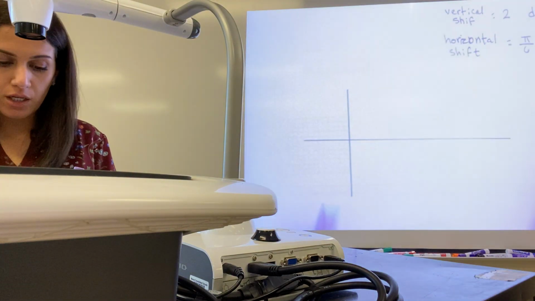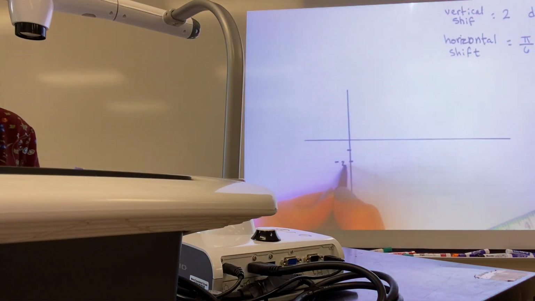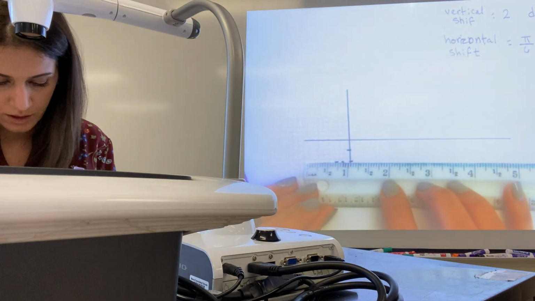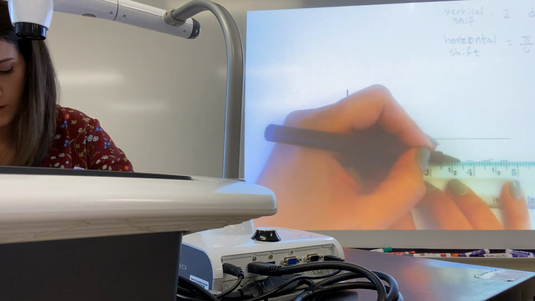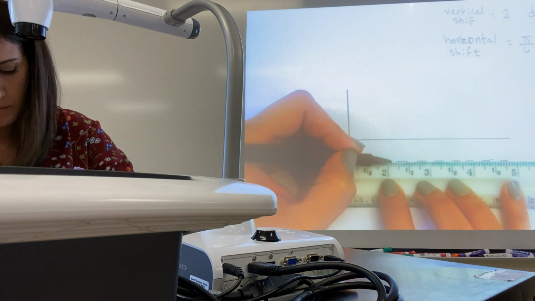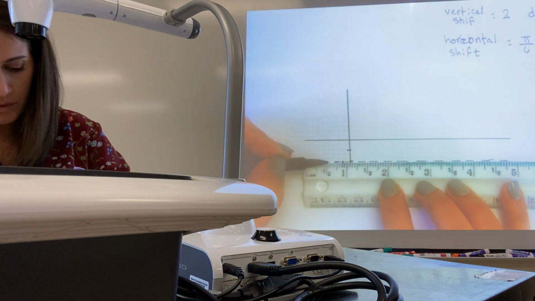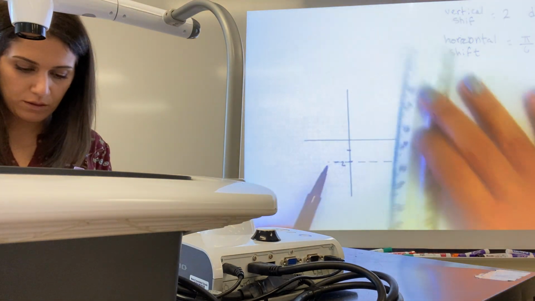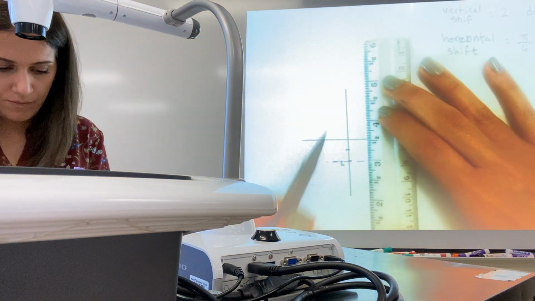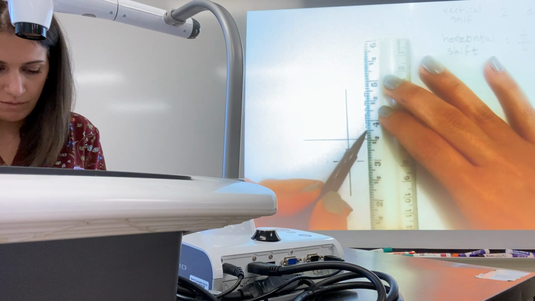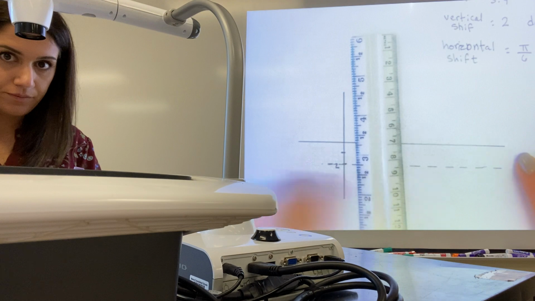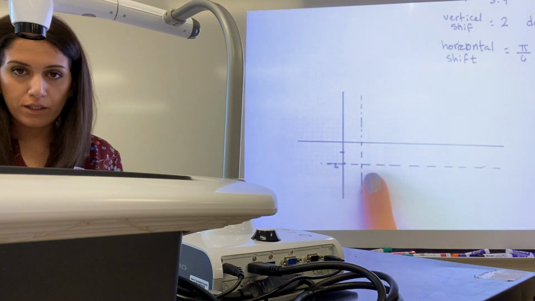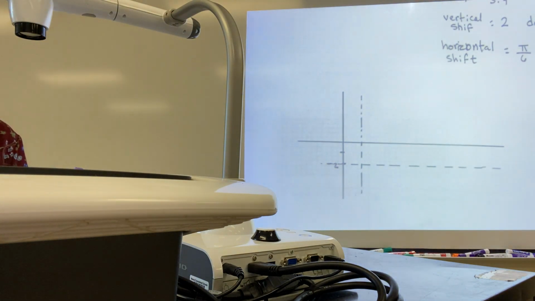I have 2 units down, that will take me down here to negative 2. And pi/6 to the right, so it will be here. Okay, so here are my new x and y axes.